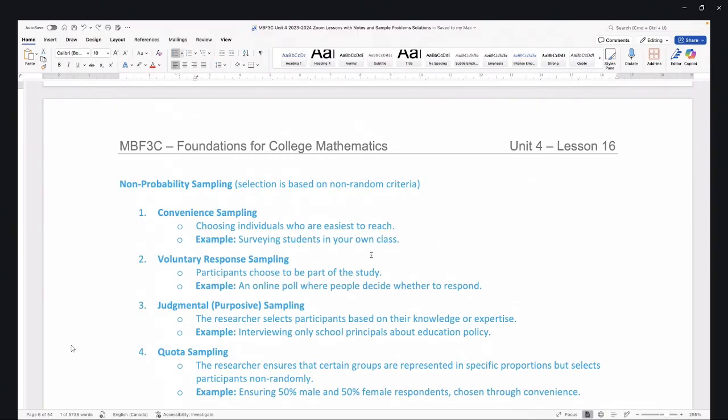Okay, so if we're talking about education policy, then you're probably going to stick to principals of schools, and you're not going to go talk to students because students probably wouldn't know about the policies. And then quota sampling is you have to have so many per group. So you want 50% male, 50% female. You have to have 50-50.